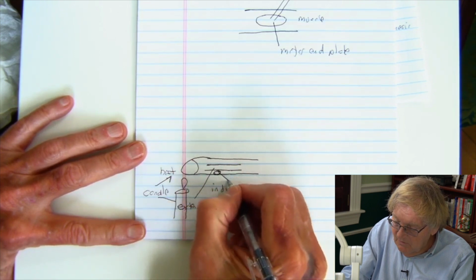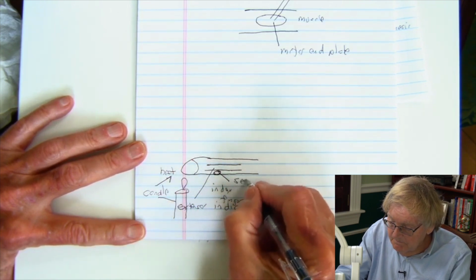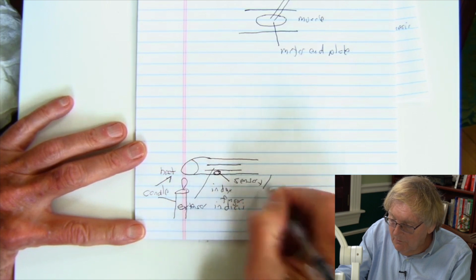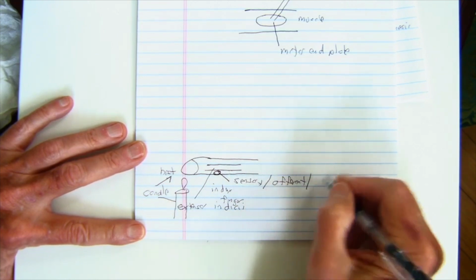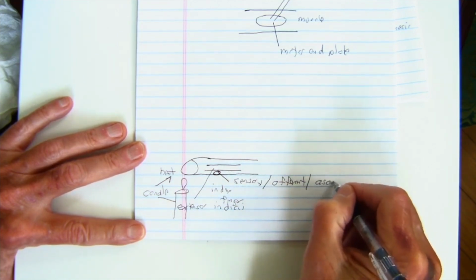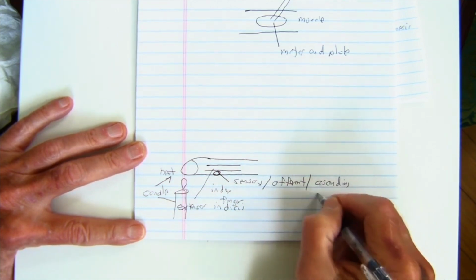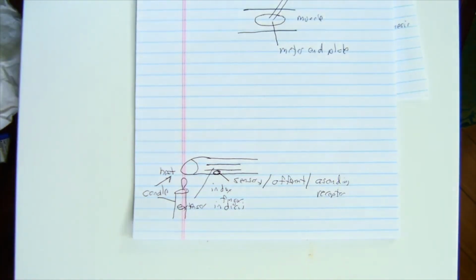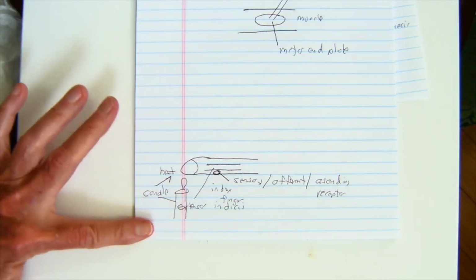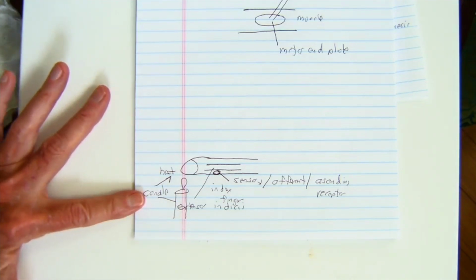So that's going to be called a sensory, or afferent, or ascending receptor. So I took my finger and I put it over the top of this candle, which was producing heat.